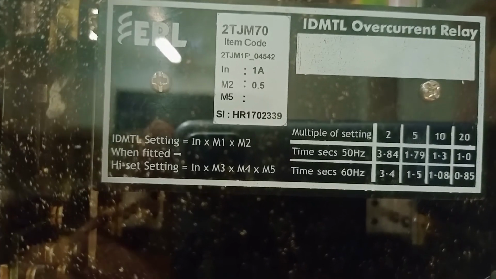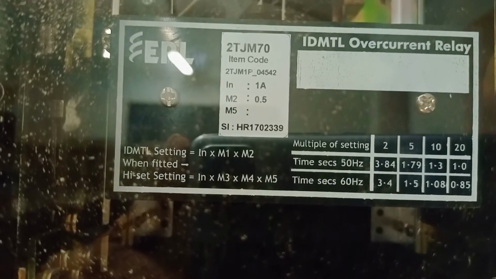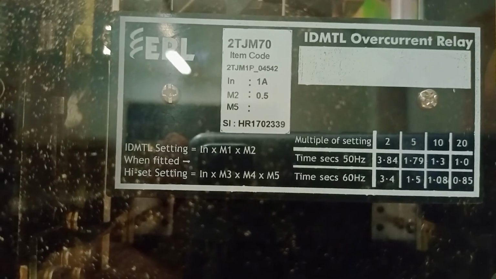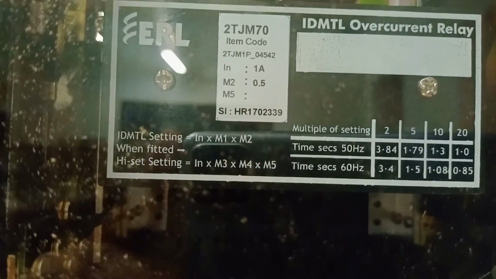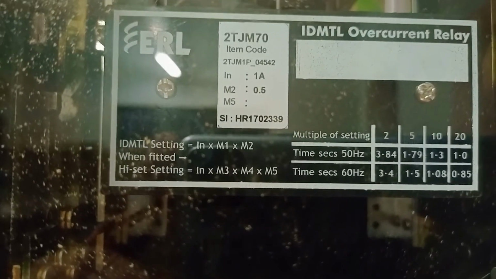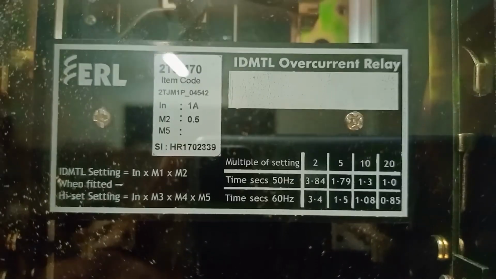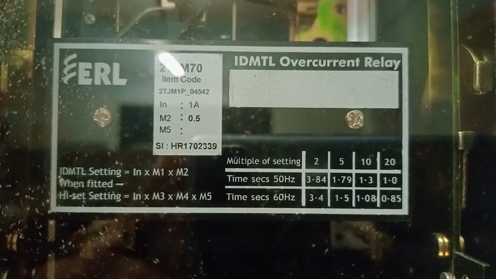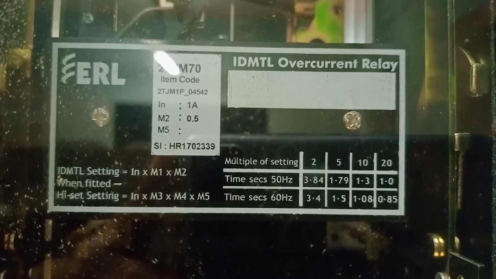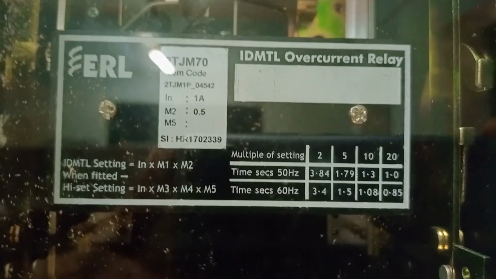So IDMTL setting is equal to nominal current into M1 into M2. So depending on the value you are choosing, the relay will operate accordingly. And here you can see the table given here. Multiple of setting: 2 times, 5 times, 10 times and 20 times nominal current.